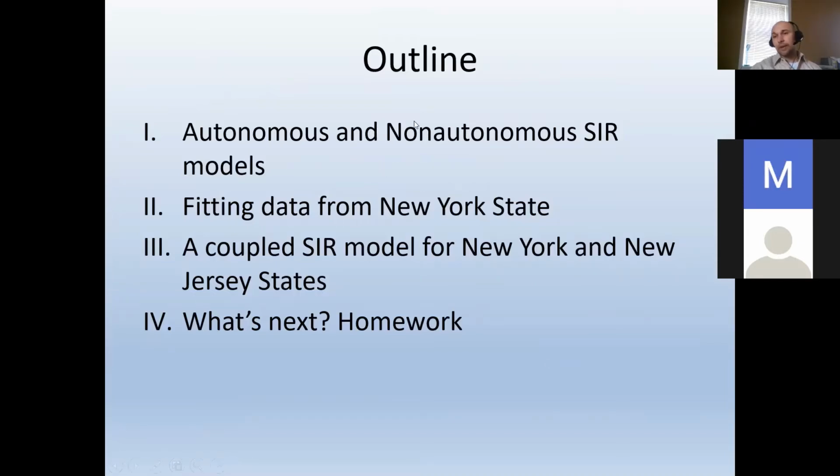Then I will use this non-autonomous model to fit the data which was available from New York. Yeah, so it was in 2020, sorry. So in March 2020.